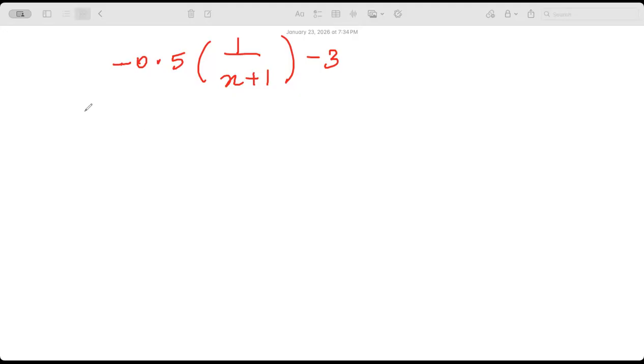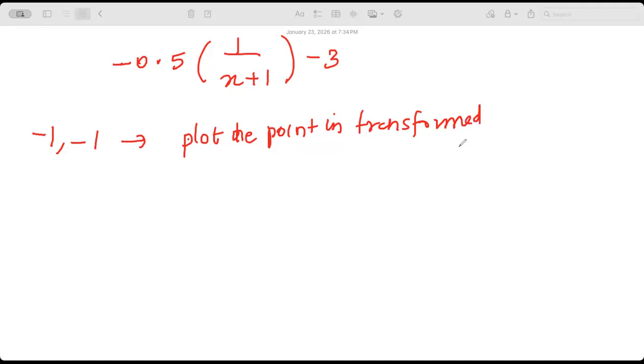From my parent graph, minus 1 comma 1, can you plot the point in the transformed graph? Number 1. Number 2, also plot this in the transformed graph. With that, we'll finish. Please show me the graph and you can leave.